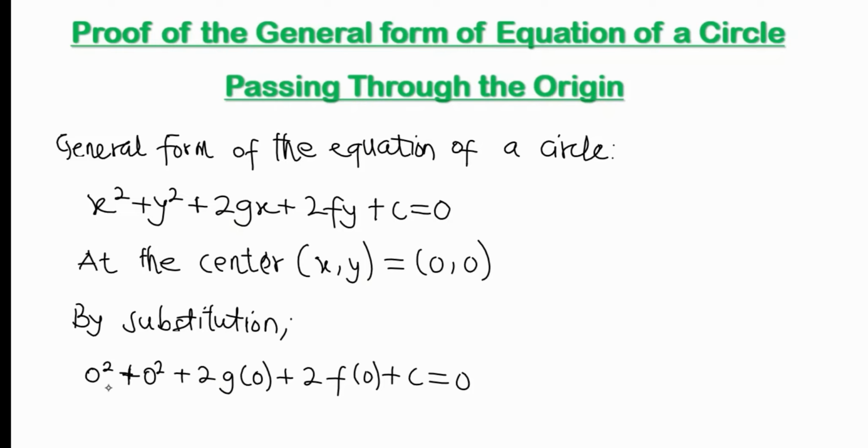So from 0 squared up to 2f times 0, we are all going to get 0. And what is left? c. Now c here is equal to 0. So it means that the general form of the equation of a circle passing through the origin has c equal to 0. So we have to substitute it back.